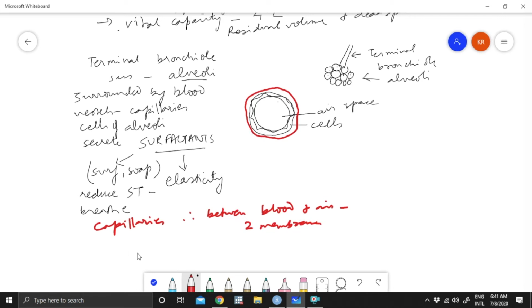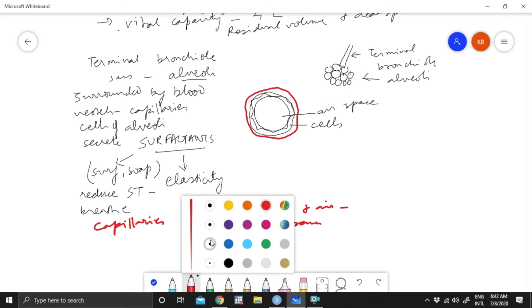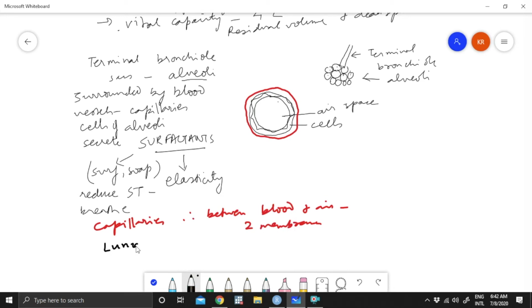Remember that in the lungs, the pulmonary artery takes to the heart deoxygenated blood, and the pulmonary vein deals with oxygenated blood.